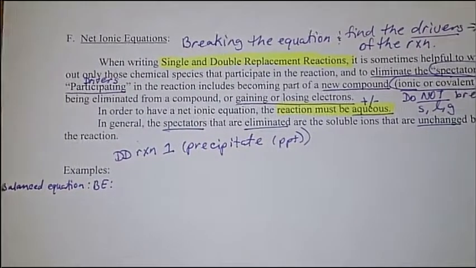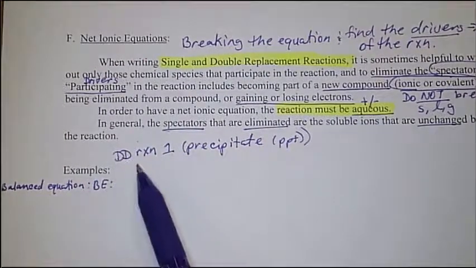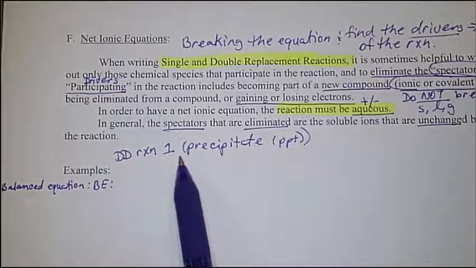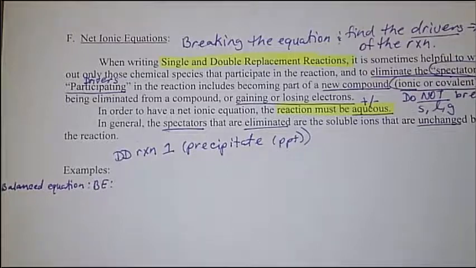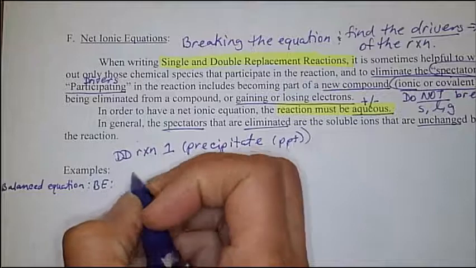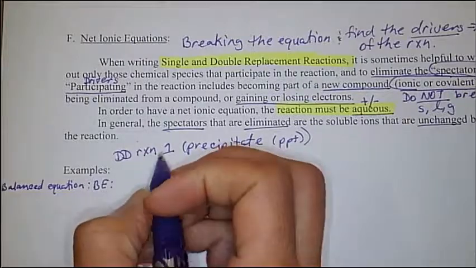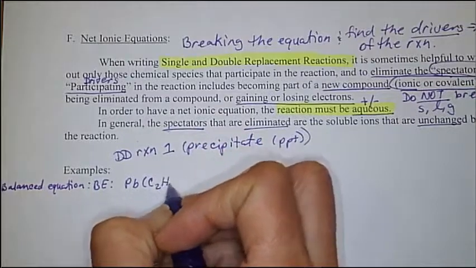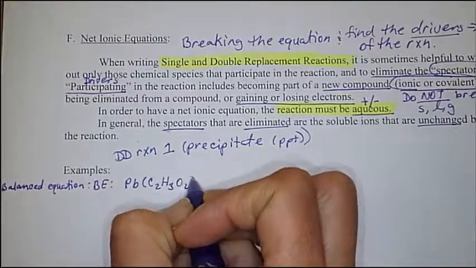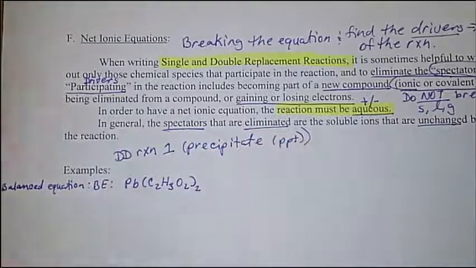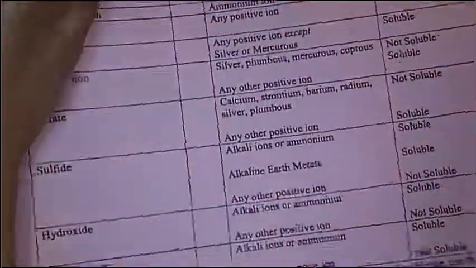Okay? So we wrote our balanced equation. That's our BE. The equation I'm taking is from your own notes, from the double displacement reaction notes, and it is reaction number 1 where you formed a precipitate. In that equation, we had Pb acetate. So go ahead and write the equation for Pb acetate. Remember you're using your solubility chart, which is right here.